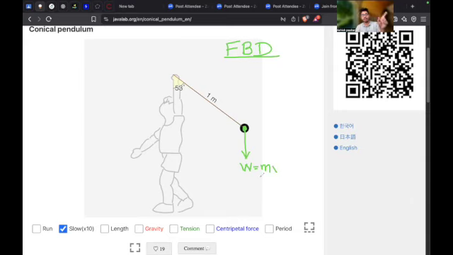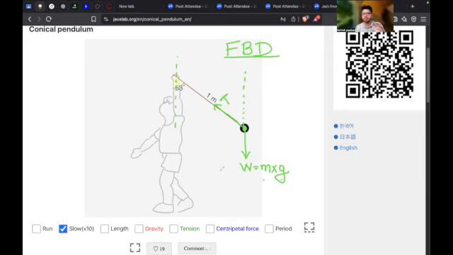In that case, it is the mass of the person into g, that is the weight, since gravity is obviously pulling. Now we have the tension force, in its respective direction. The angles are different, but for a moment, this is 53 degrees. So this is the free body diagram.